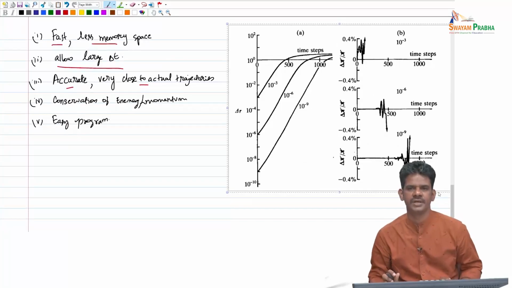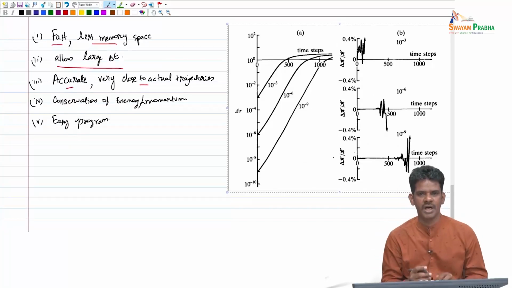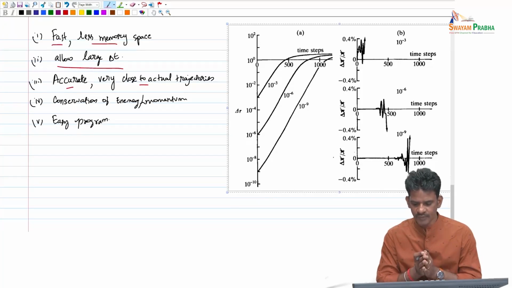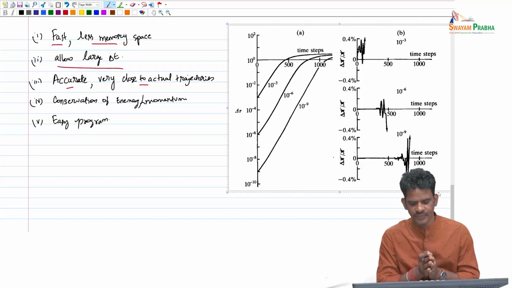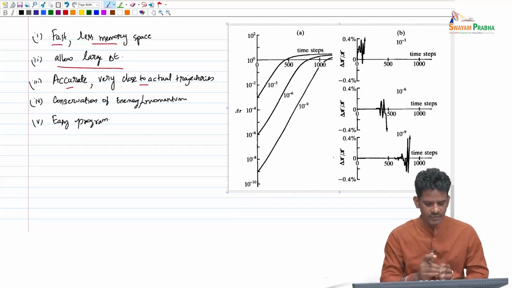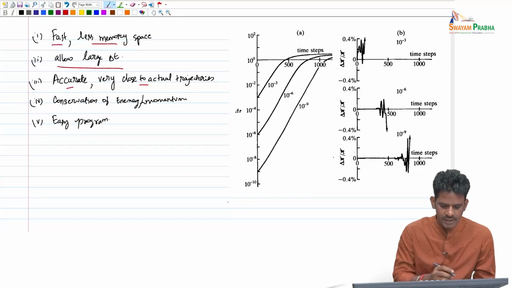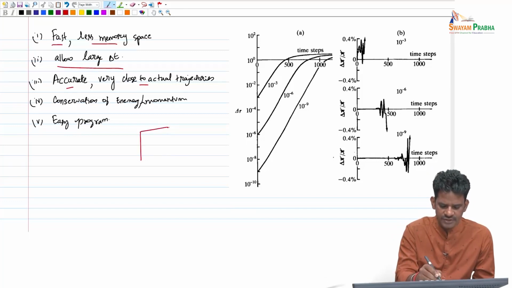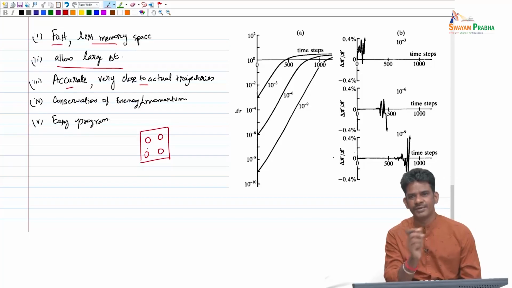So, to illustrate the importance of how accurately the algorithm generates a trajectory, what is shown here is an example simulation. First a simulation is done and it is used as a reference simulation, and then we conduct another simulation, or a set of simulations, where the initial particle positions are displaced with a little bit of a perturbation.